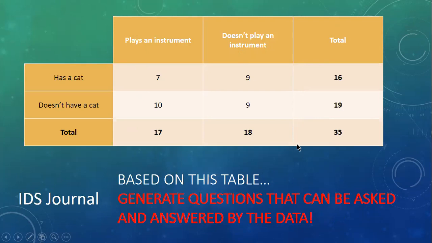And when you are done, even if it's before the 3 minutes, I want you guys to go ahead and share your questions in the chat, please. You do not have to put the answers to the questions. Great question, Katie. You just got to put the questions because the answers are already on the table, right?